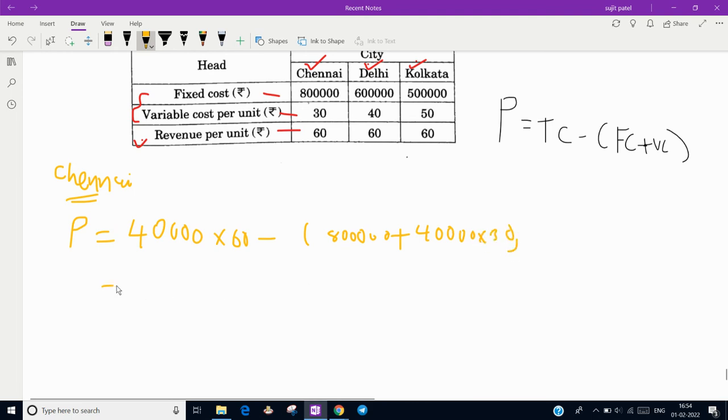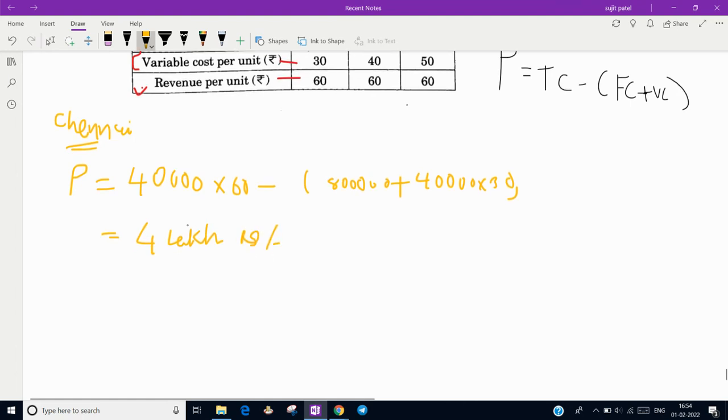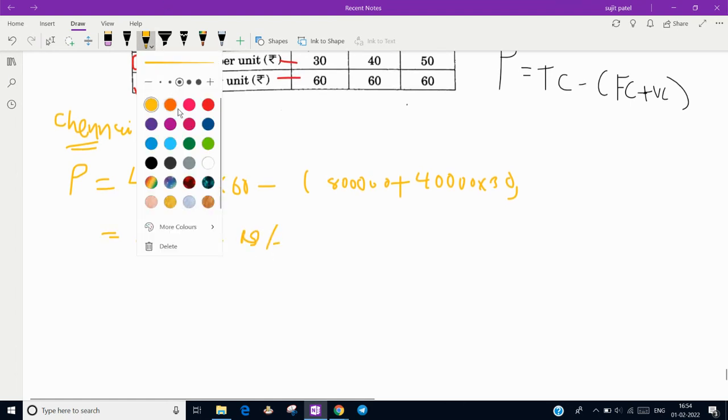When you solve this, you will get 4 lakh rupees as the profit. Put it aside. Now go for Delhi.